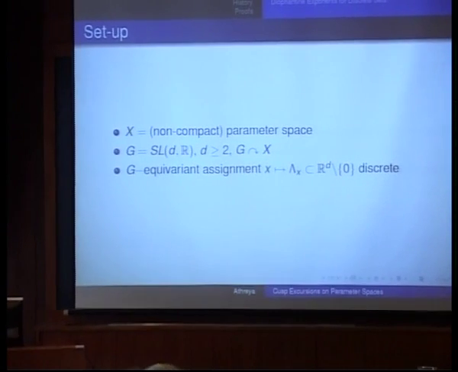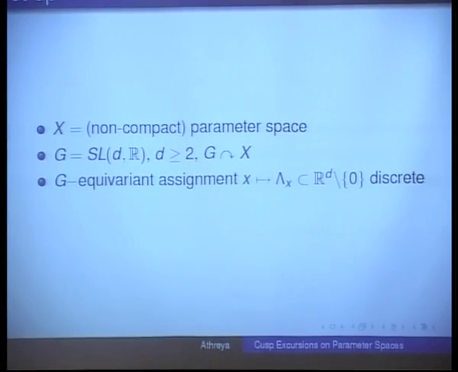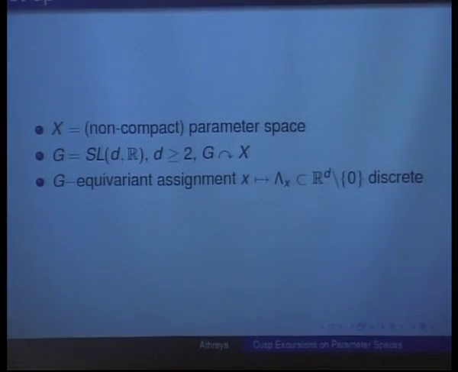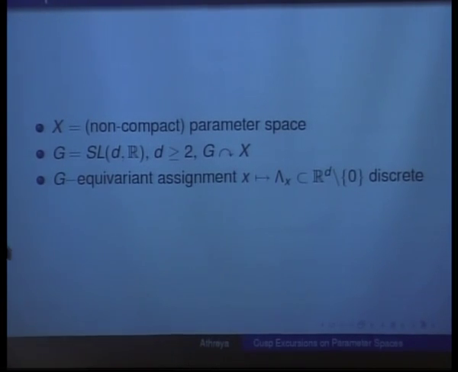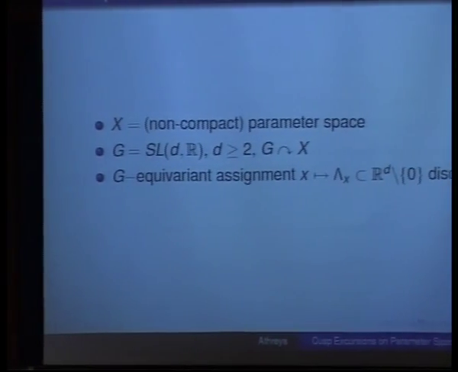And the other thing I want is to each point in my parameter space of geometric objects, I want to be able to assign a discrete set in R^d in a G-equivariant manner. Now, what do I mean by that? Well, my assumption is that I have a G action on X, and then I obviously have an SL_d(R) action on R^d.